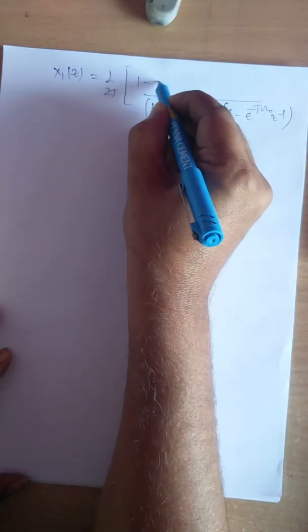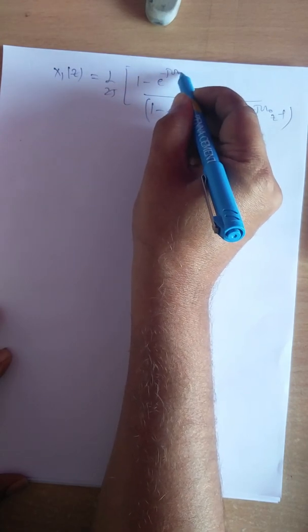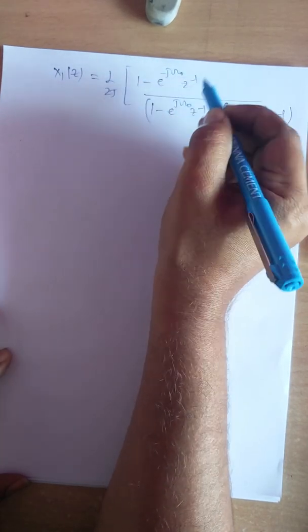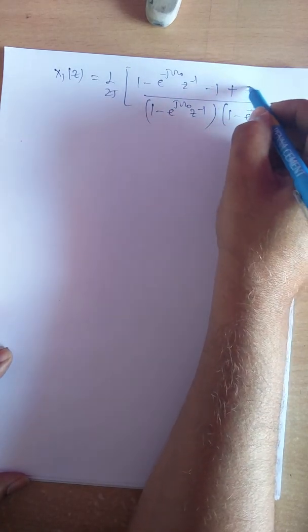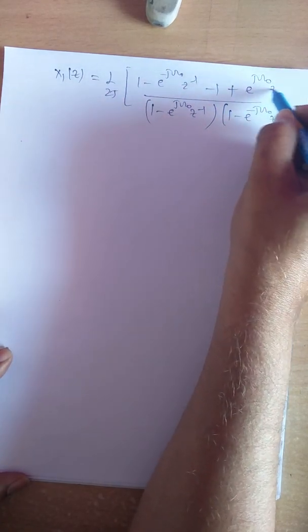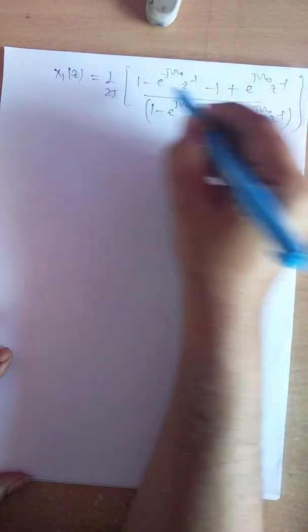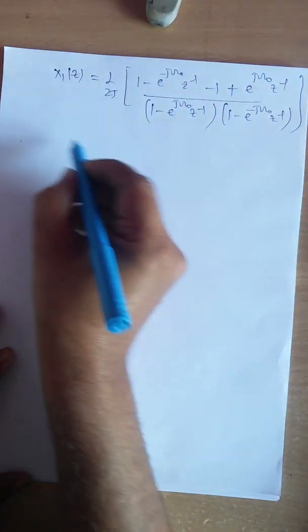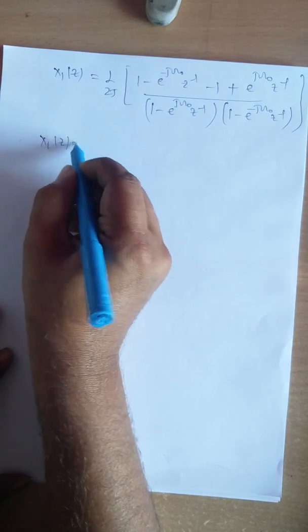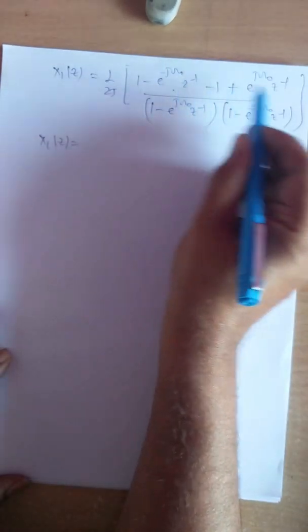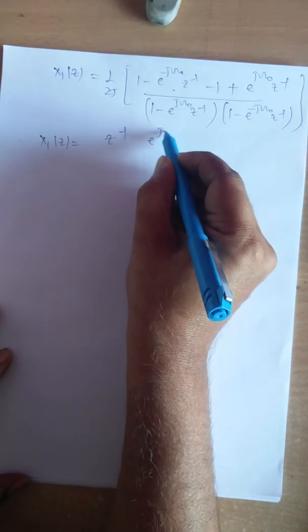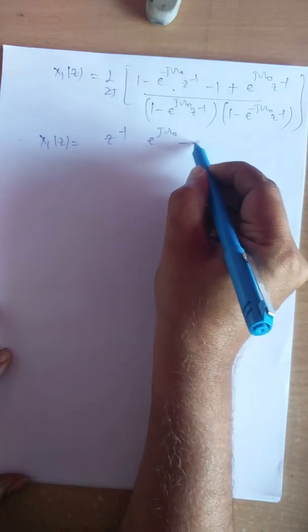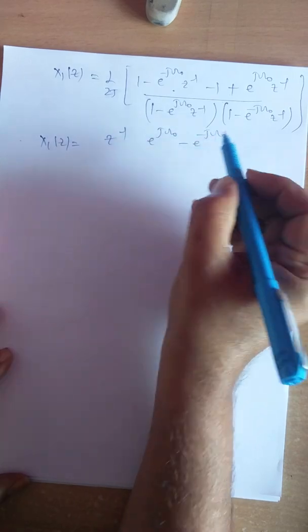In the numerator, that is 1 minus e to the power of minus j omega naught z inverse minus 1 minus of minus will become plus e to the power of j omega naught z inverse. Okay, 1 and minus 1 get cancelled. In these two terms z inverse is common. You get e to the power of j omega naught minus e to the power of minus j omega naught.